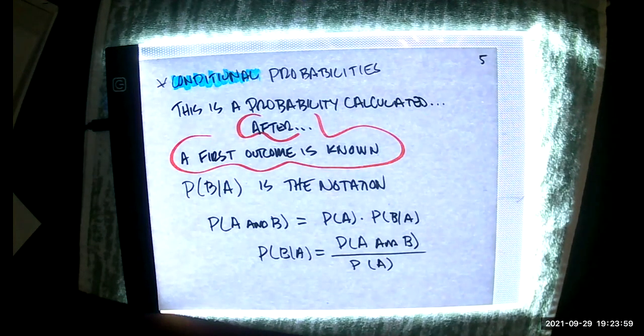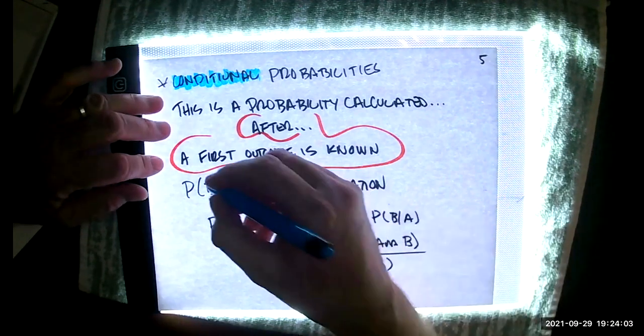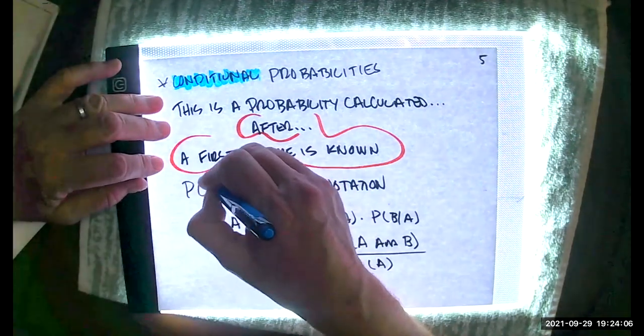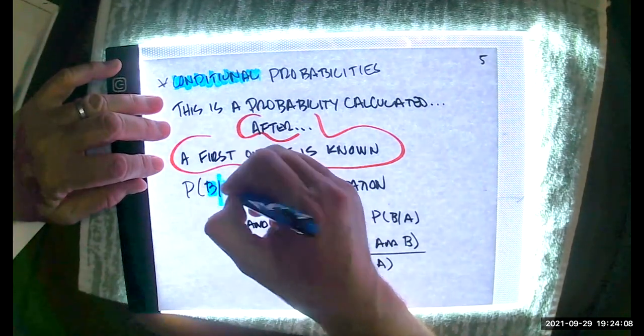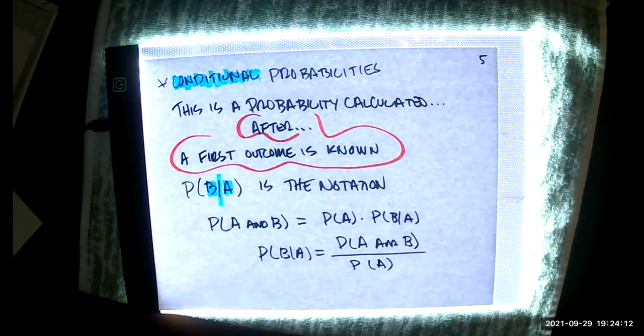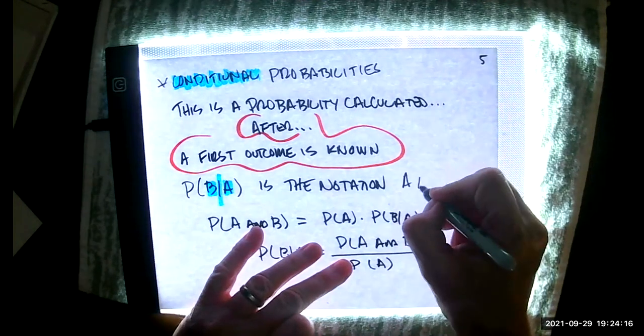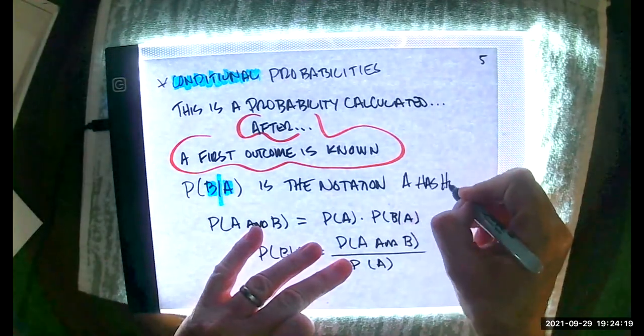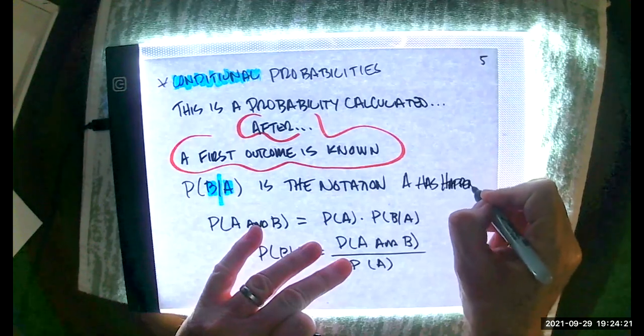We introduced it in 4.2 when discussing the multiplication rule. We have the probability of B given A has occurred. That straight vertical bar is the notation that means that A has occurred. The bus has left the station.